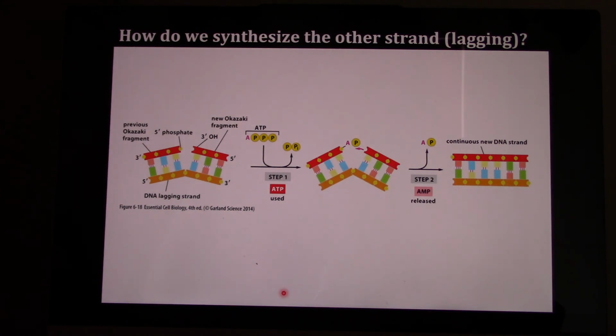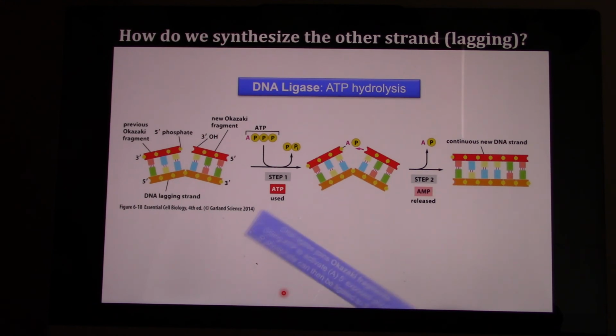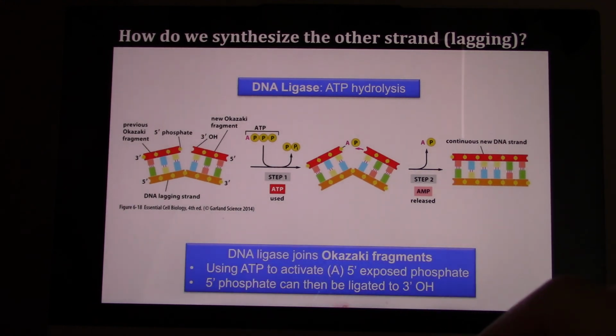So how do we synthesize the other strand? We've just been talking about that. We end up with DNA ligase and ATP hydrolysis. DNA ligase joins the Okazaki fragments together, so we use an ATP. We break a bond to get the energy to make this other bond.